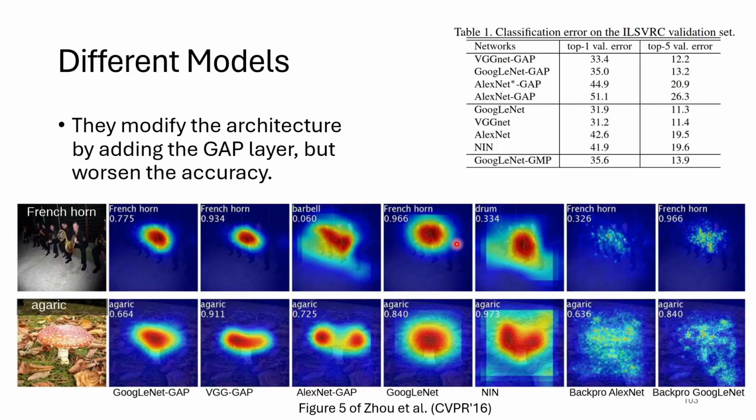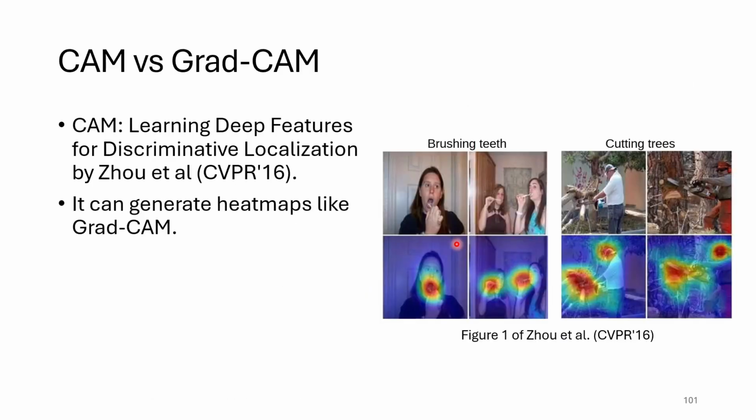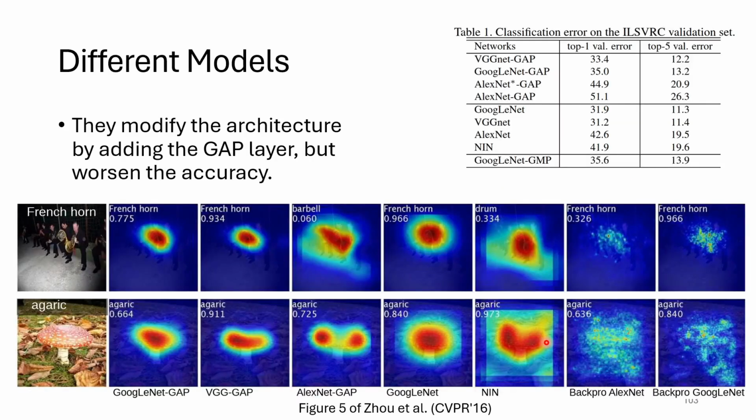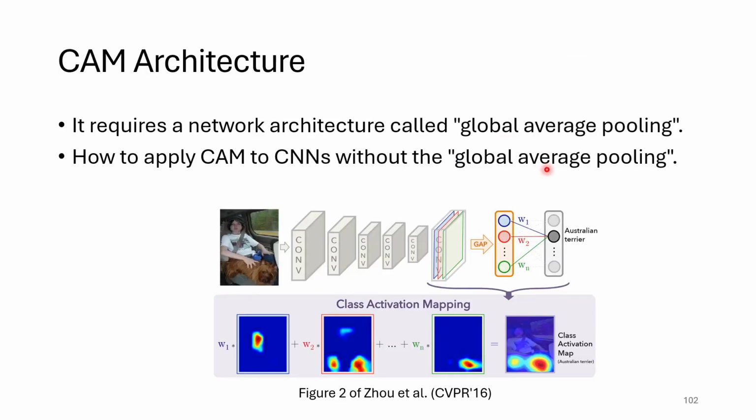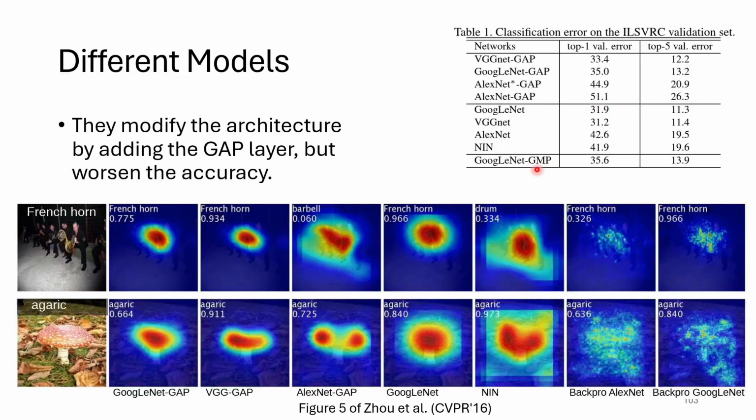So their approach is, I should say, in the CVPR 16 paper, Zhou's approach is very straightforward. Because they don't have the global average pooling layer, just insert it. So they insert the global average pooling layers at the end of VGG, so they get this VGGNet-GAP.